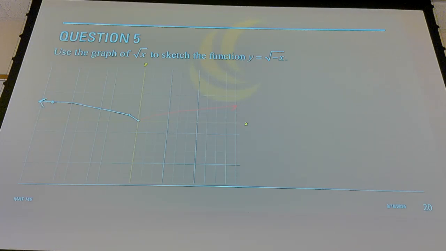What's the domain? Negative infinity to 0. What's the range? Bracket 0, infinity.